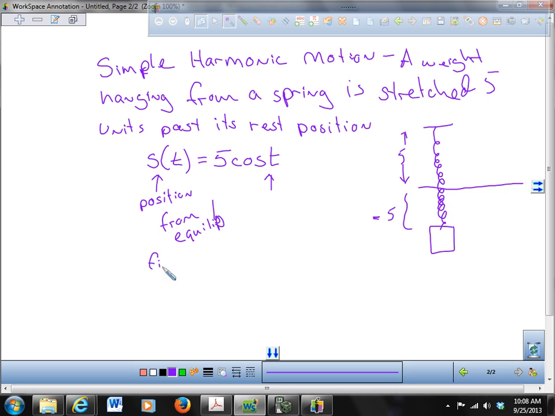And they'll say find the velocity and acceleration functions. Could you do that?